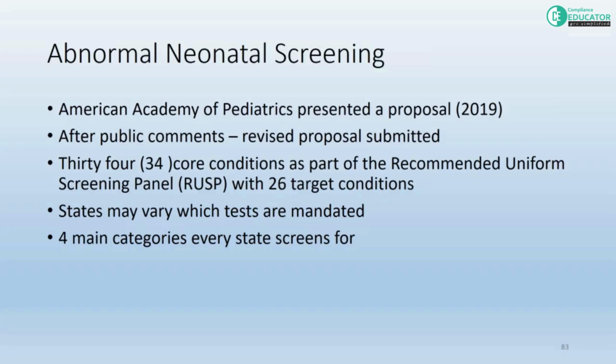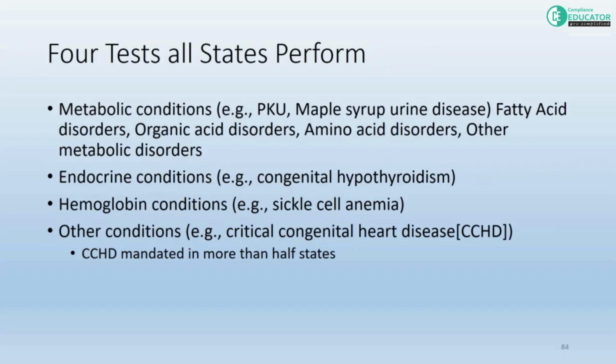They're chosen based on evidence that supports the potential benefit of screening, and most states do the majority of the ones recommended. And then we do have new conditions that are always being adopted. Some states adopt them, other states don't. But there are 4 main categories of conditions that are screened for by every state, and those are the 4.